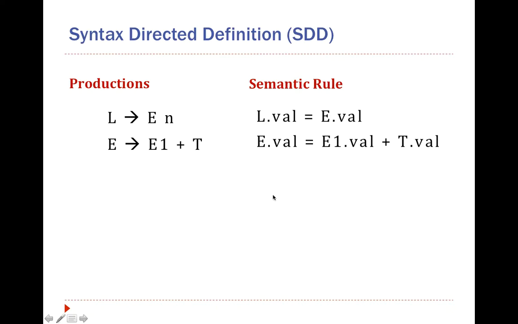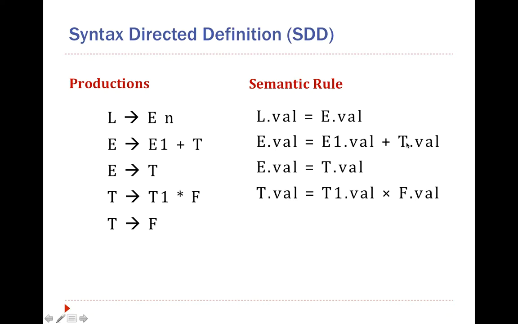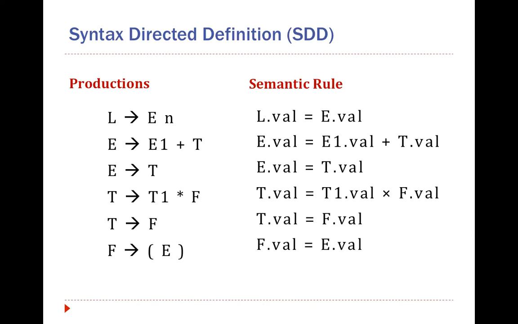Similarly, the val at the parent node is computed using the val at the children node. So this becomes the syntax directed definition. What is a syntax directed definition? It is the context-free grammar along with the attributes and the rules.